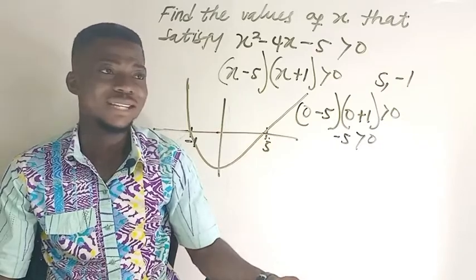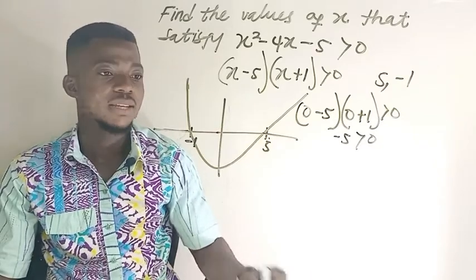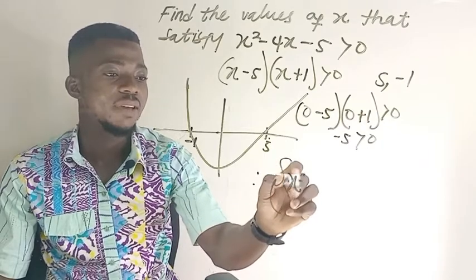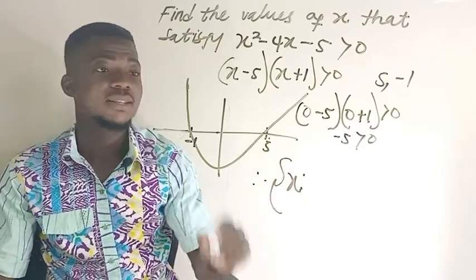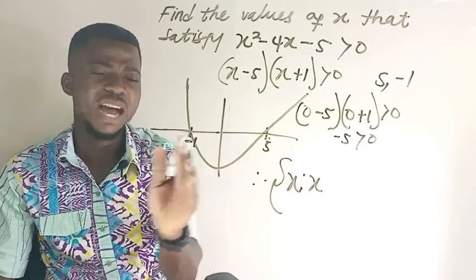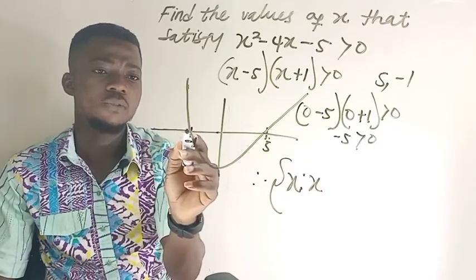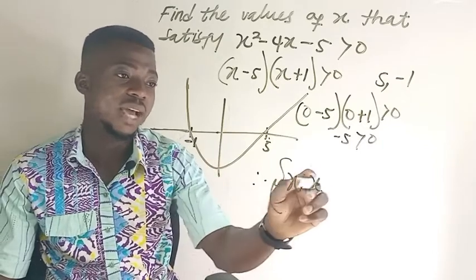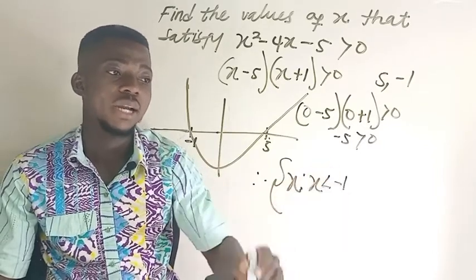So we can automatically conclude that, therefore, we have x such that, if it's outside, from here going it is less than -1. So x is less than -1.